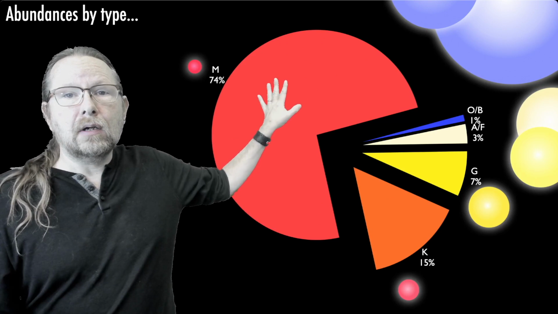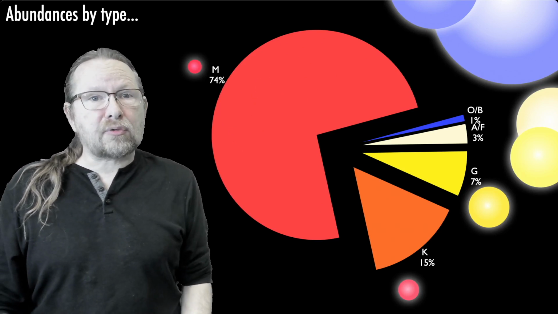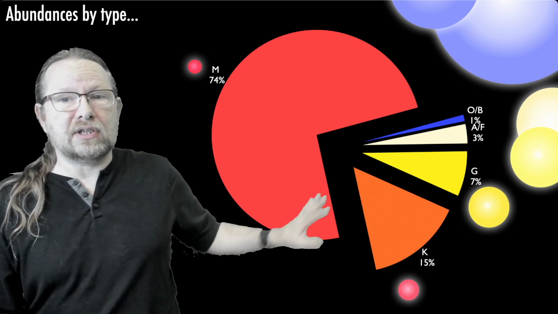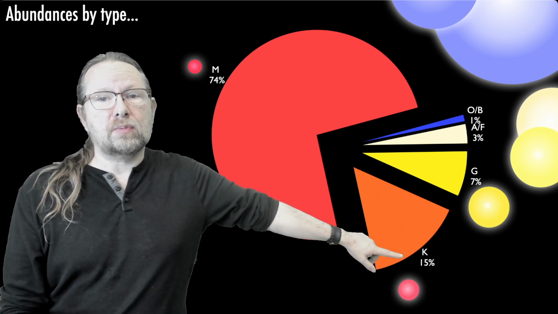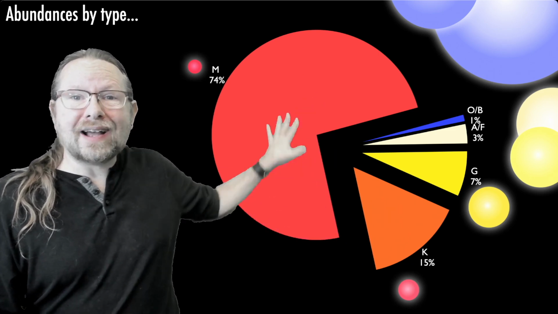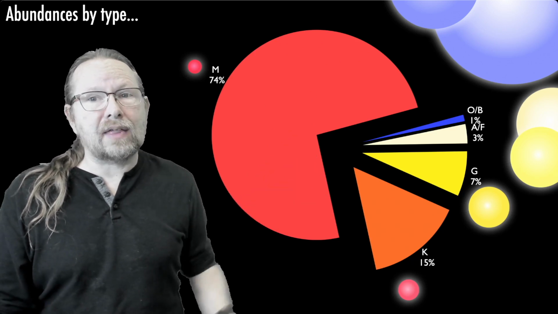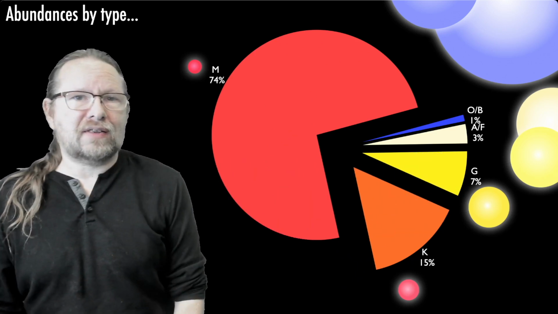In fact, M-type red dwarf stars make up almost 3/4 of the stars in our galaxy, together with K-type stars, which make up 15%. 75 plus 15 is almost 90% of the stars in our galaxy that are dimmer than the G-type stars that our sun is.